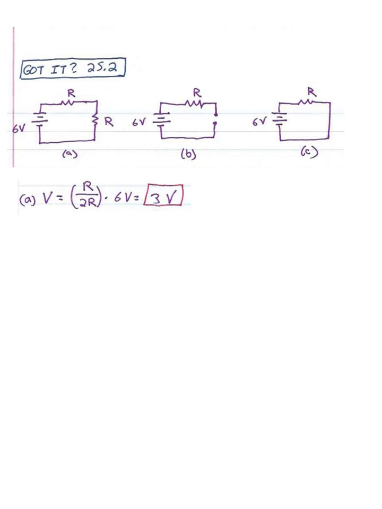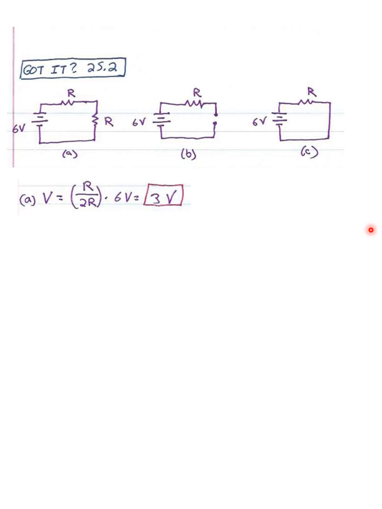So we have R over 2R. And then we're multiplying by 6 volts, so we get 3 volts. So each resistor, being identical in picture A, is going to get half of the voltage drop. The battery lifts it up by 6 volts, then it goes through the resistor and it drops by 3, and then it drops by another 3.